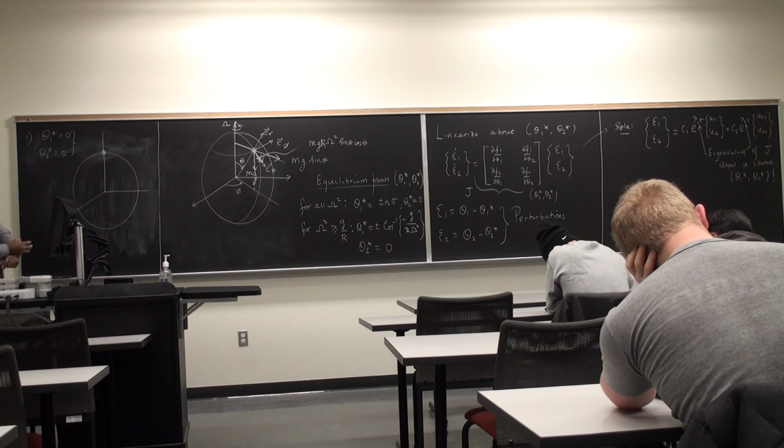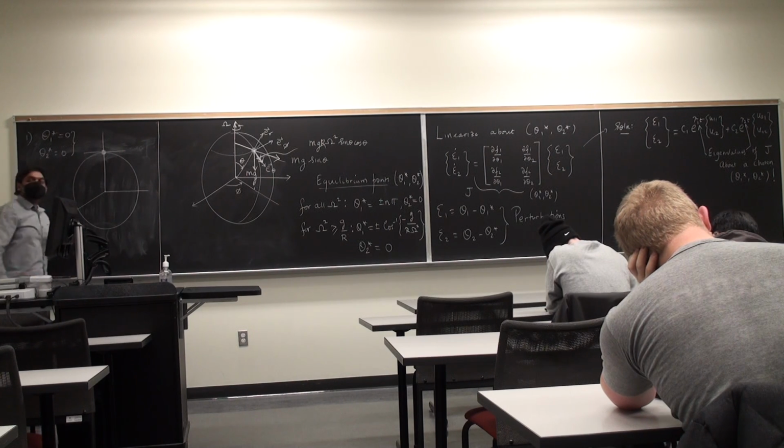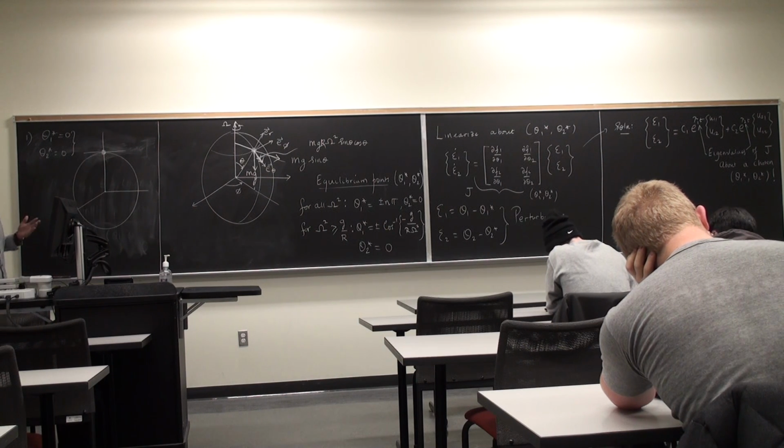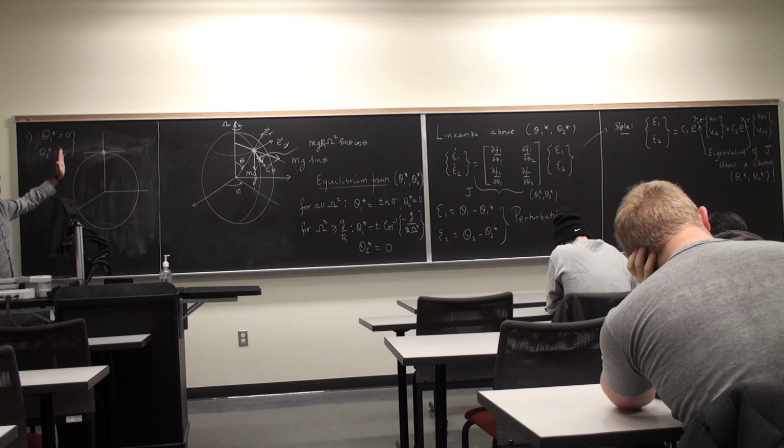The nice thing about this situation is if it is sitting there, there is no component of the gravity force along the tangential direction. So this is the tangential direction. There is no component of the gravity force there. At that particular location, there is no component of the centrifugal force as well in that direction. And so when the bead is sitting there, it is completely in equilibrium.